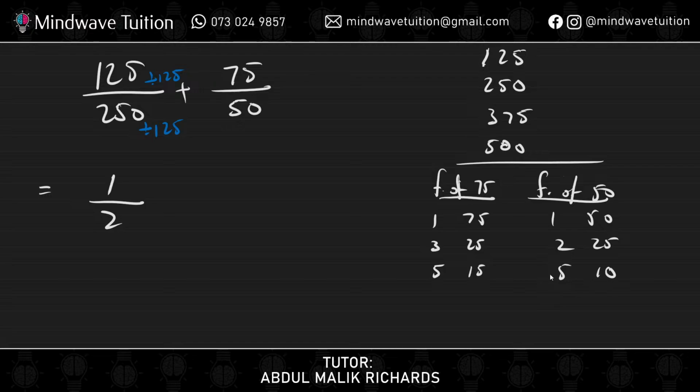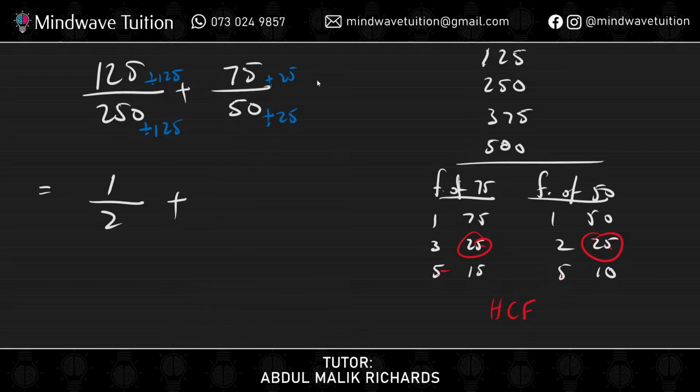So what is the highest common factor that appears in both sets? 1 is there, 5 is there, and there's a 25 in both of them as well. So 25 is going to be our highest common factor, so we just divide by 25 over here.